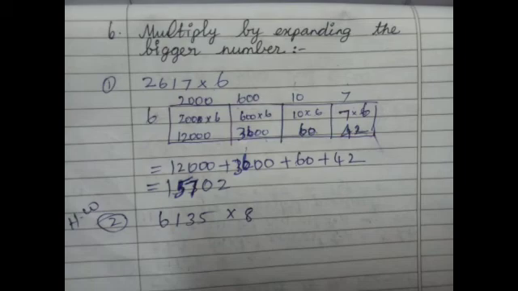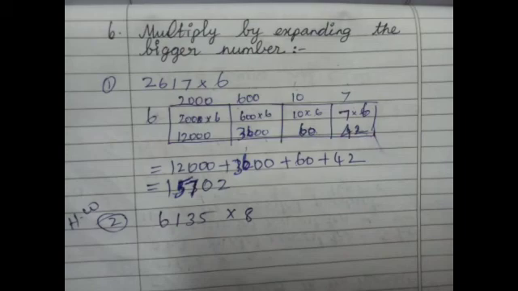So first, 2000 into 6, 12,000. 600 into 6, 6 sixes are 36, 3600. Next 10 into 6, 60. 7 into 6, 42. So we have 12,000 plus 3,600 plus 60 plus 42. Finally we have the answer here.